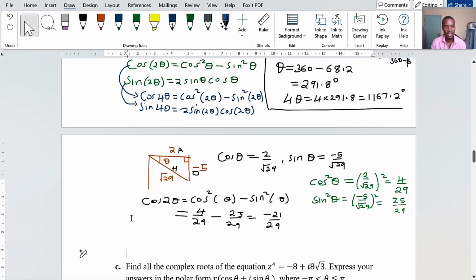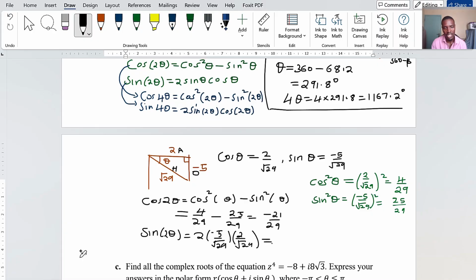Now let's do the same for sine 2 theta, so that we extend it to the values we need. Sine 2 theta will be 2 times sine theta, and sine theta is negative 5 over root 29, times cos theta, which is 2 over root 29.